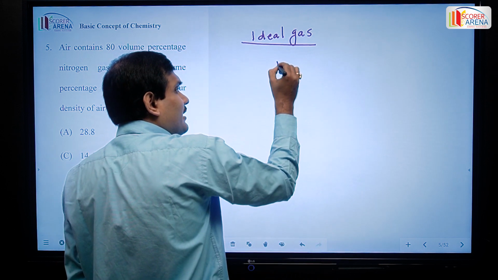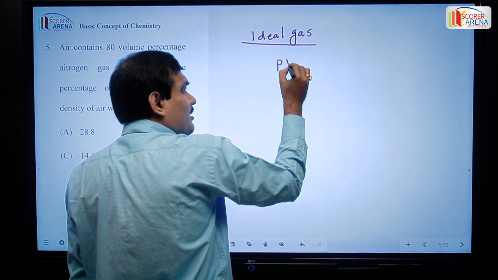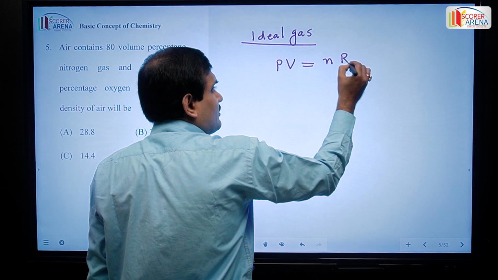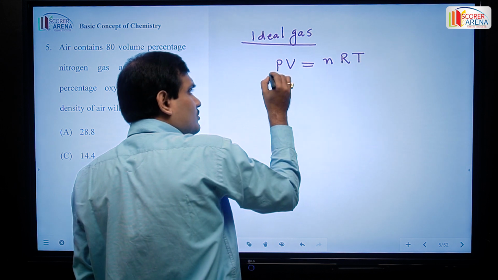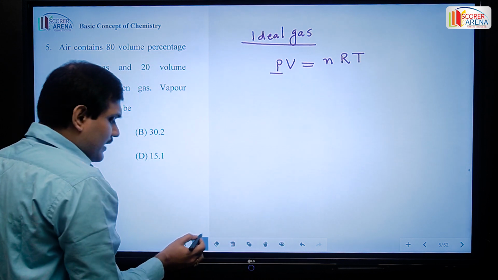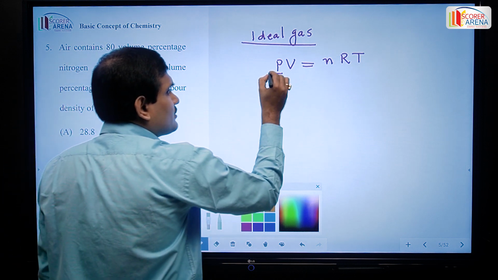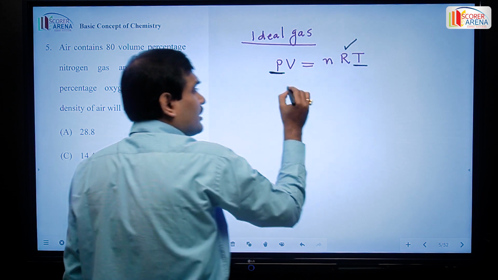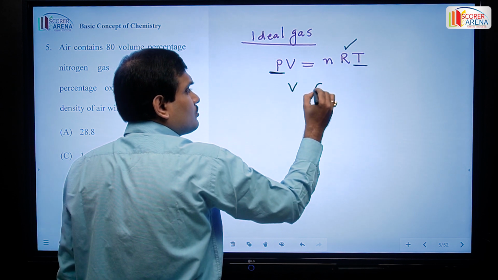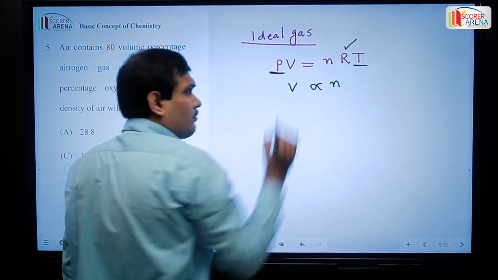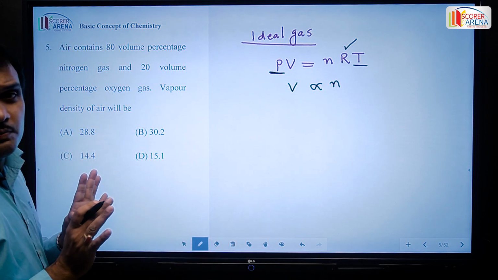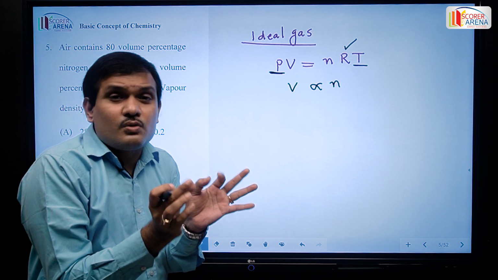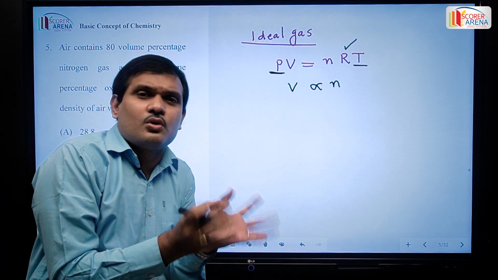So if we take air to be an ideal gas, we can use PV equals nRT. Since pressure is constant and temperature is constant, R is also constant, so volume is proportional to number of moles. So when you are given the volume percentage, you can consider those values as mole percentage.